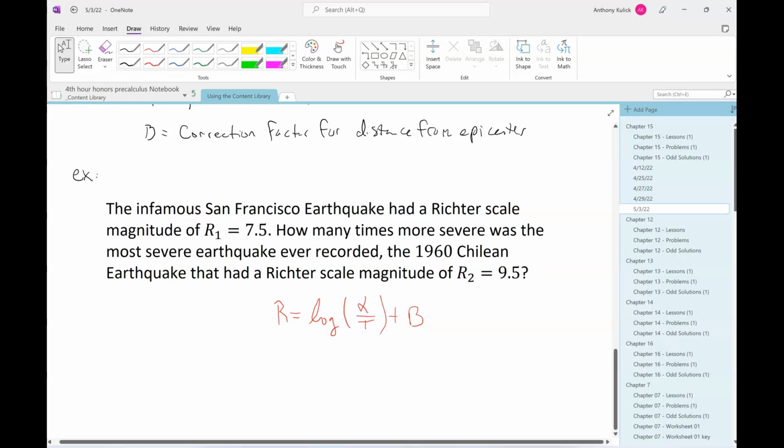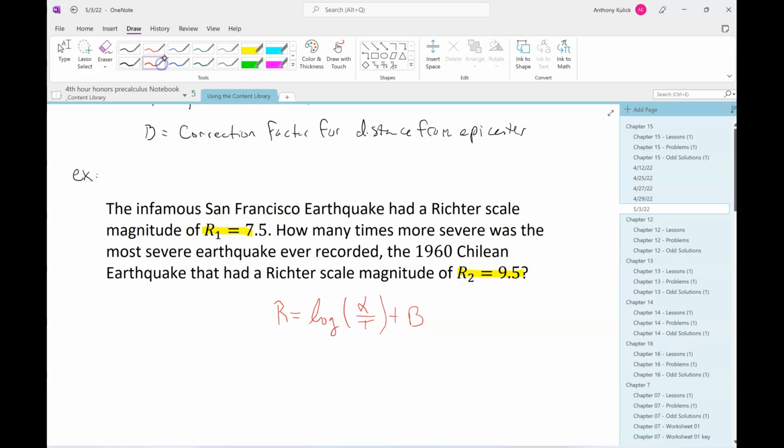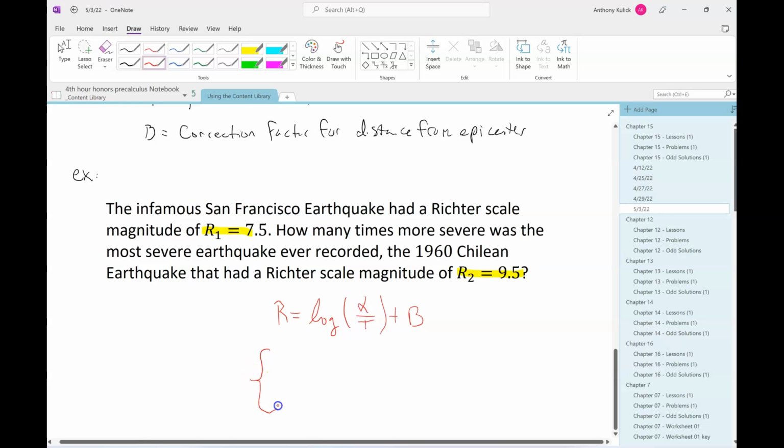Well, I notice that I have two Richter scale measurements, so I'm probably going to be forming a system of two equations. One for San Francisco and one for Chile. Everybody's cool with that.